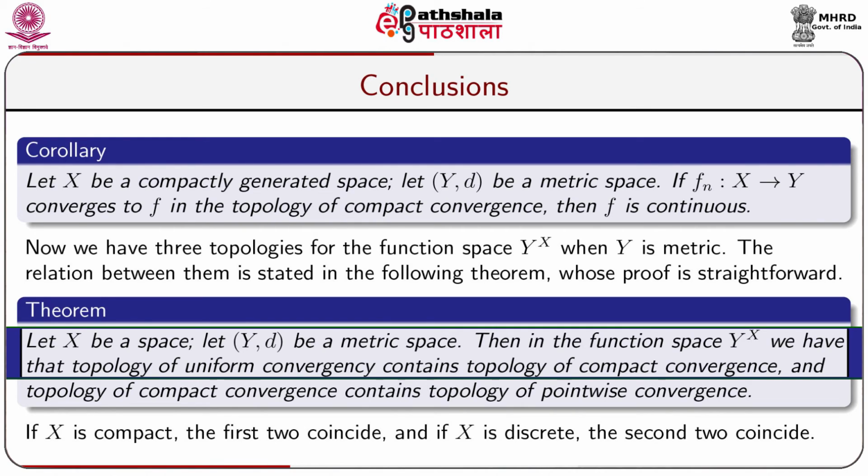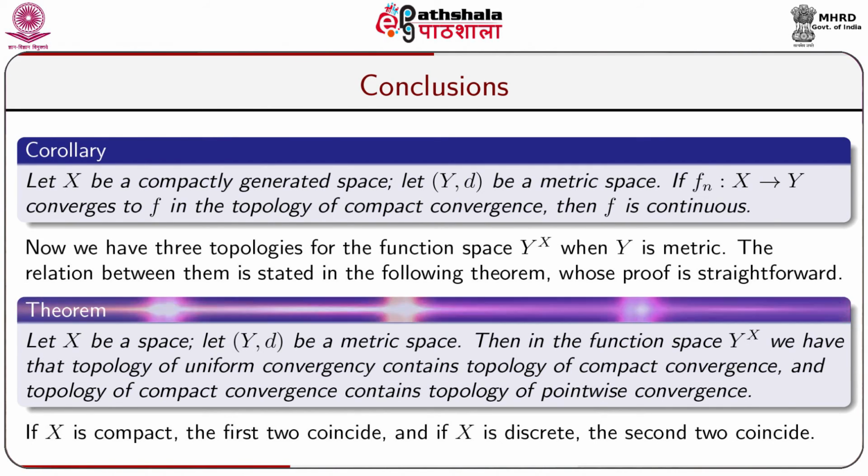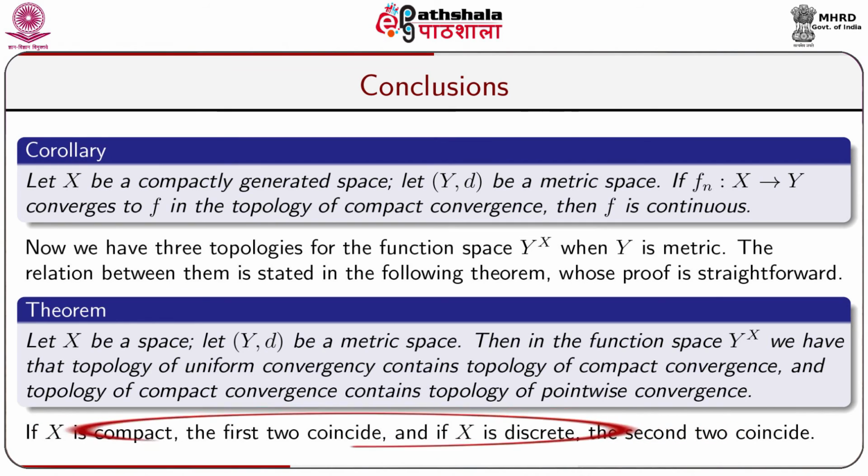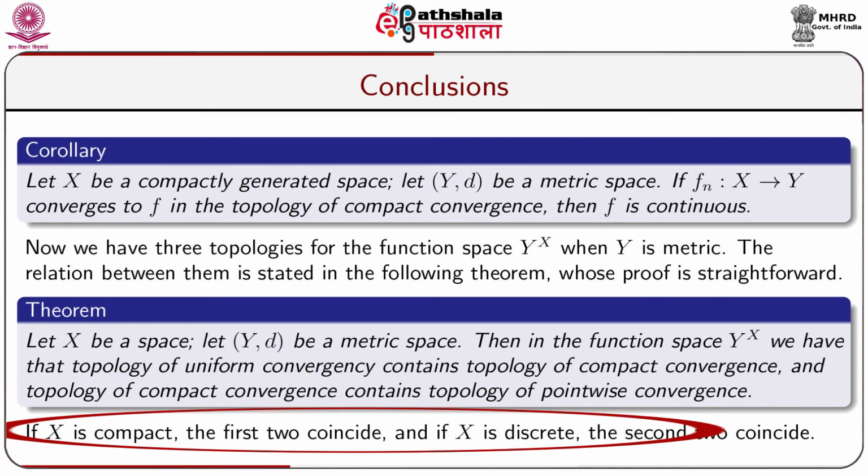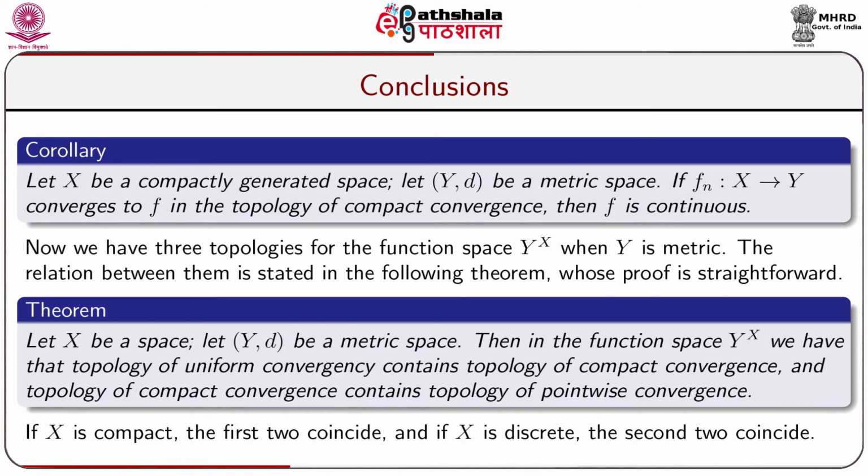For the function space, one has the following inclusion of topologies: uniform convergence is contained in compact convergence, which is contained in pointwise convergence. That is, pointwise convergence is the finest topology. Now, if X is compact, the first two coincide, and if X is discrete, then the second two coincide.